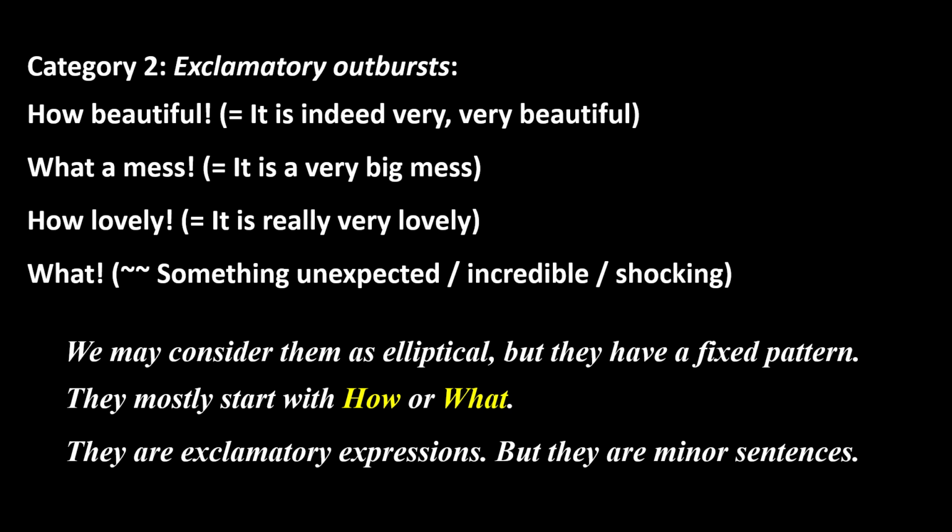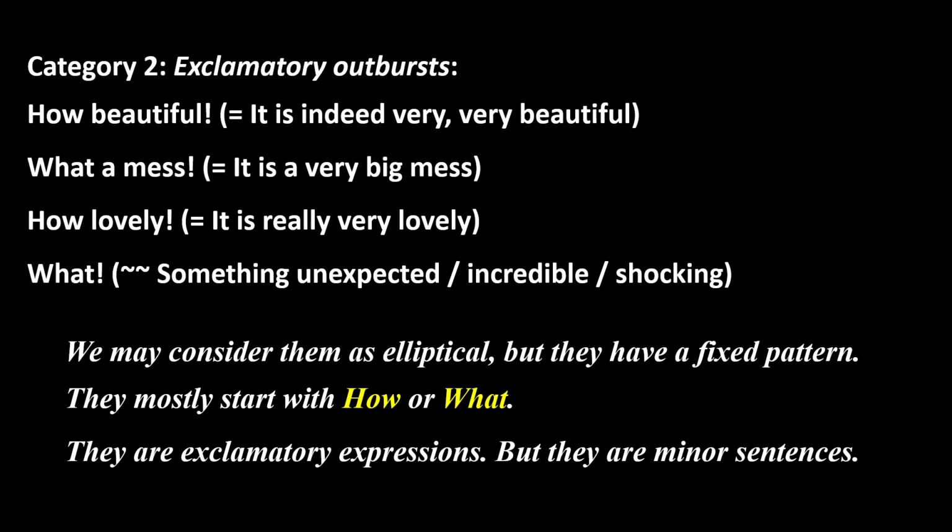So after elliptical sentences, the 4 subtypes, category 2, exclamatory outbursts. "How beautiful!" It is indeed very, very beautiful. "What a mess!" Means it's a very big mess. "How lovely!" Means it is really very lovely.